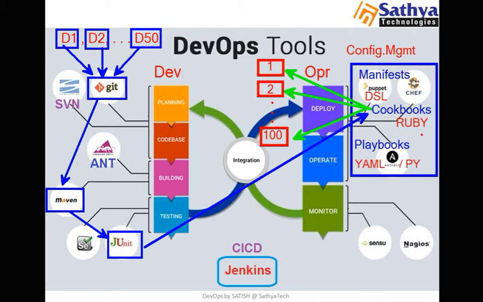So here Puppet uses DSL, which stands for Declarative Domain Specific Language. With the help of DSL, we can develop manifests. I said manifests are Puppet scripts. Next one, Chef. Chef can have cookbooks, and we can develop the cookbooks with the help of the Ruby scripting language. And Ansible can have playbooks. The playbooks can be developed with a scripting language like YAML. YAML stands for Yet Another Markup Language.